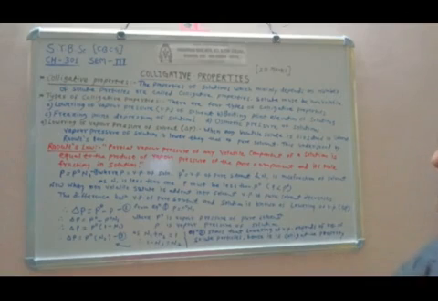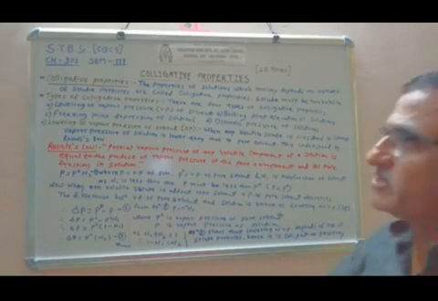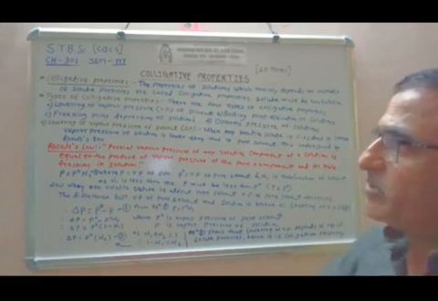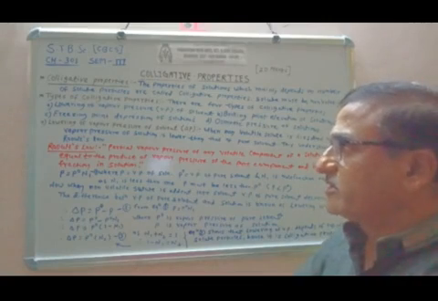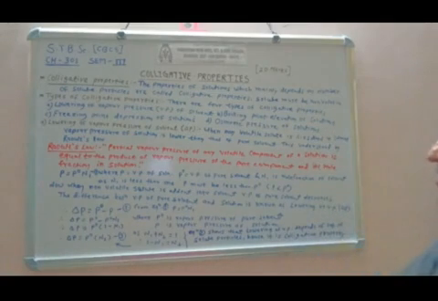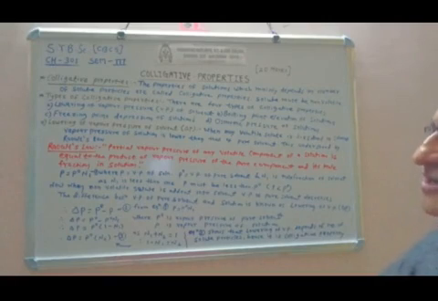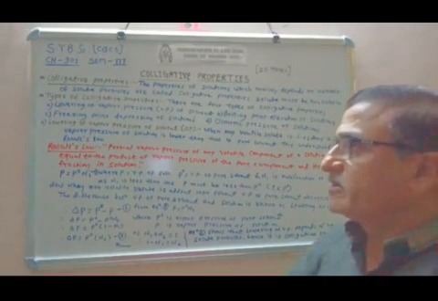So first we have to consider the lowering of vapor pressure of solvent. When a non-volatile solute is dissolved in a solvent, the vapor pressure of the solution is lower than that of the pure solvent. This is understood by Raoult's law, which is important in this chapter.